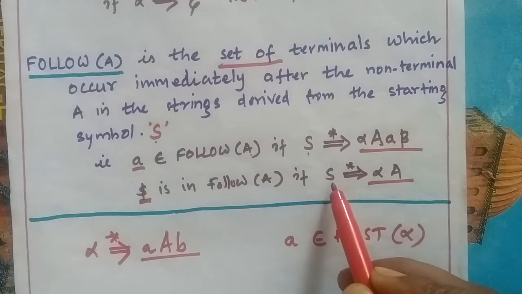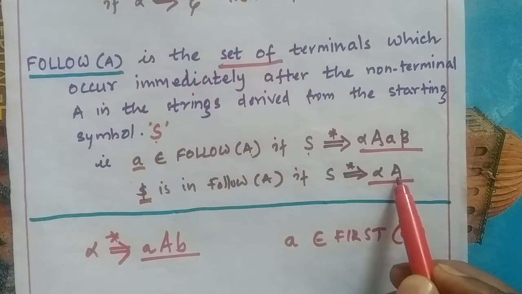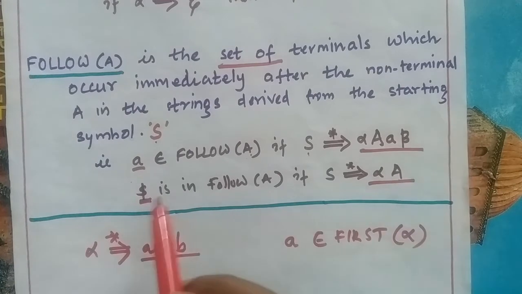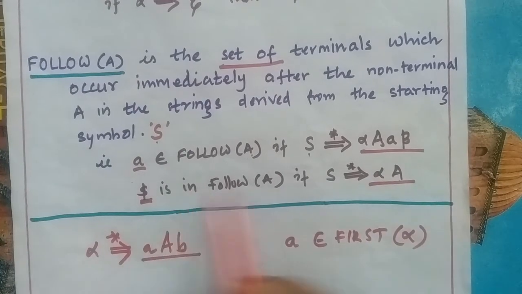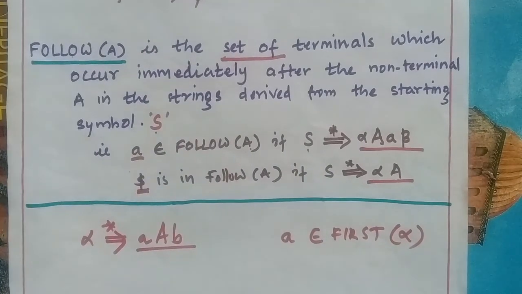So if you have a string of the form S derives alpha A, where A is at the end of the string and capital A is a non-terminal, then dollar is in follow of capital A. So follow of a non-terminal is a set consisting of terminal symbols alone, and these terminal symbols appear just after capital A in a string derived from the starting symbol S. That is what follow of A is.